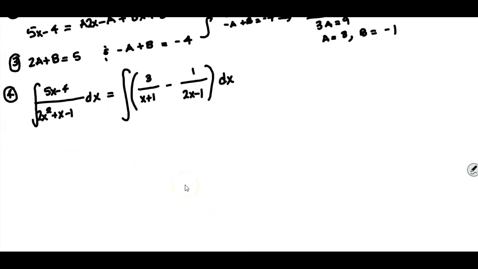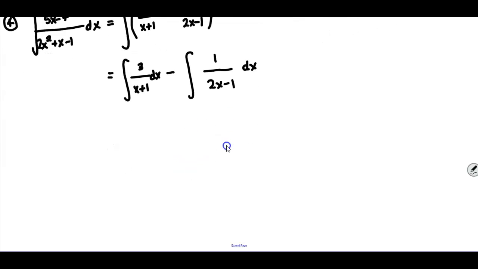Okay, so now let's use substitution. If we split these up, we would have 3 over x plus 1 minus 1 over 2x minus 1, and separately integrate that. So for this first one, we're going to let u equal x plus 1.